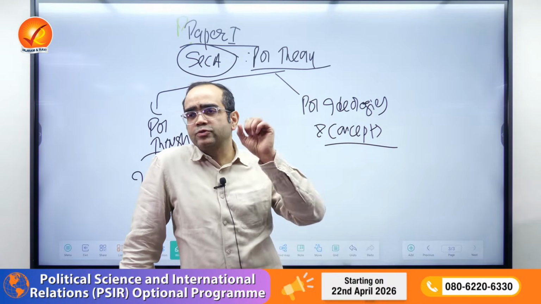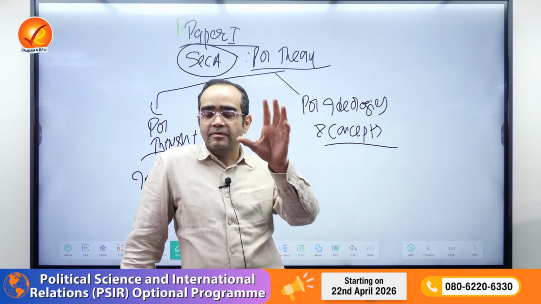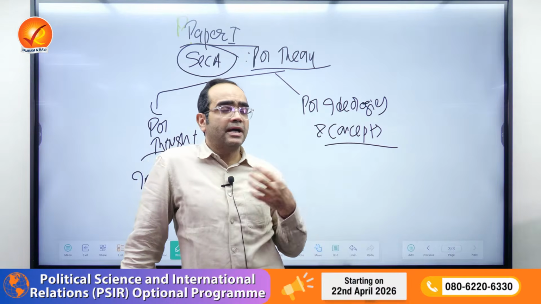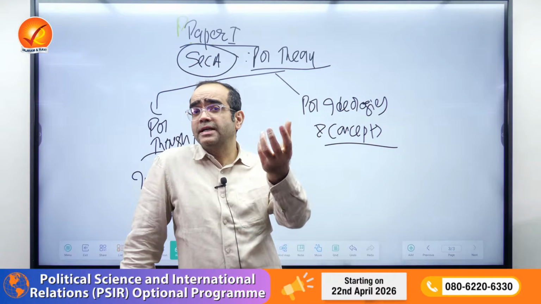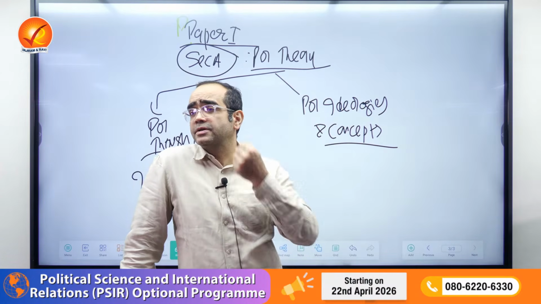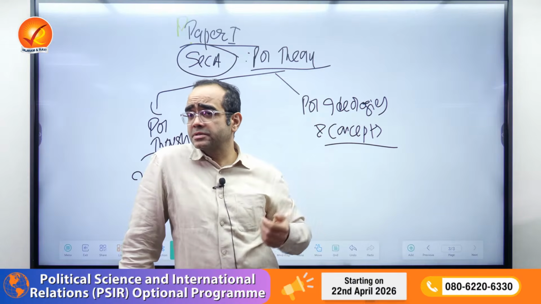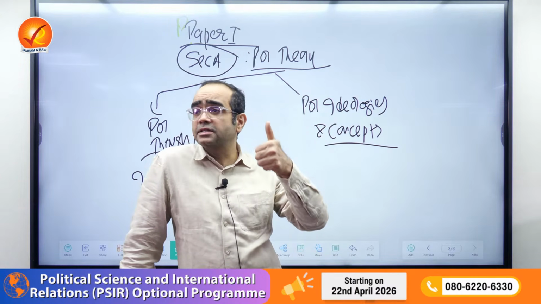He threw a bomb which was harmless. And he famously said, to make the deaf hear, blasts are important. But Bhagat Singh was inspired by the ideology of nationalism, that it is important to get India free from British subjugation, and he made the supreme sacrifice, walking to the gallows. So Bhagat Singh was inspired by the ideology of nationalism.